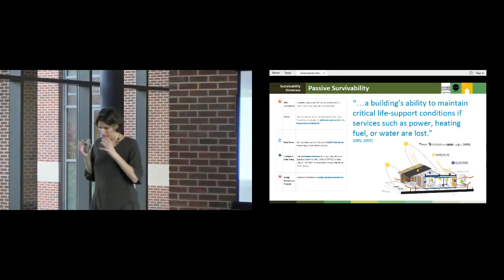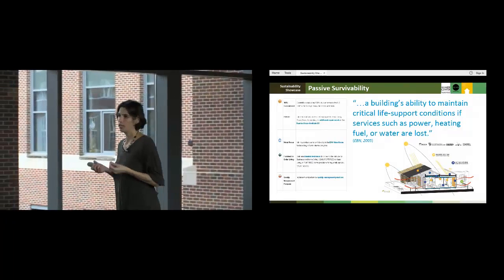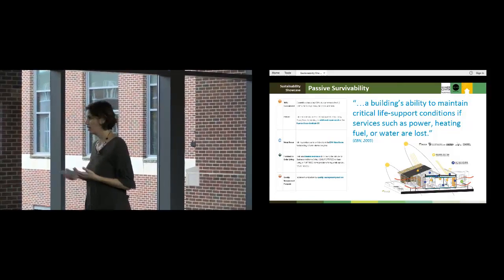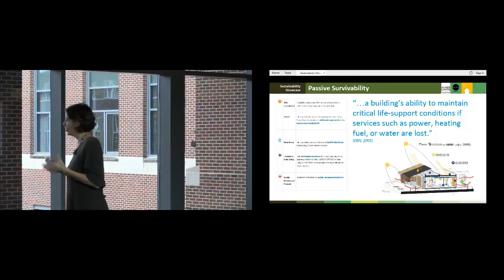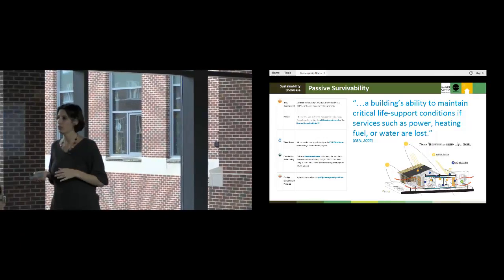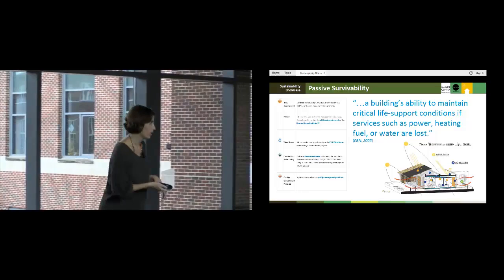And these have all been packaged together in something called passive survivability. Really thinking about housing as a buffer, as something that can protect us in the event of a long-term power outage or a storm, that we can shelter in place, that we can remain safe and reasonably comfortable through that, and what we can do to design.